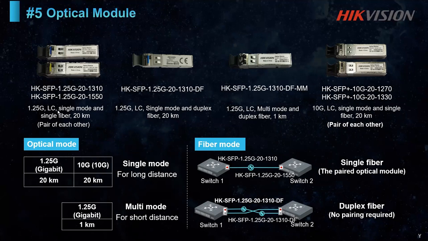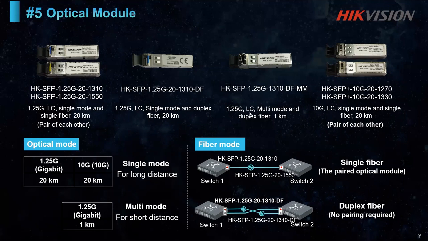From the left, we have a 1.25G LC module, single mode, which can support up to 20 km, and it comes as a pair, so you have to use it as a pair. We also have single mode single fiber modules, which you can use as a single unit.